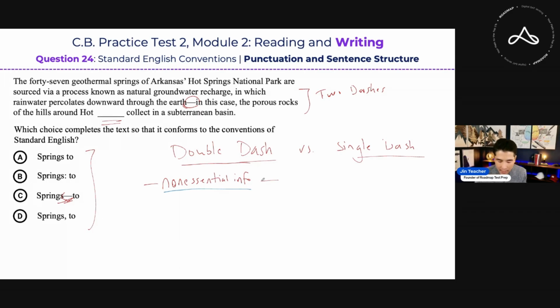In other words, if you remove non-essential information from a sentence, it's not going to affect the grammar of the sentence, and it's not going to change the core meaning of the sentence. That's what non-essential information basically means. And the SAT is going to test you on this several times, in several ways.